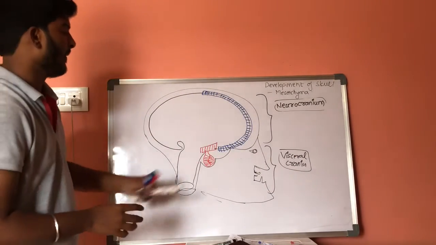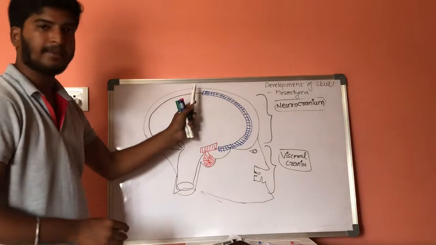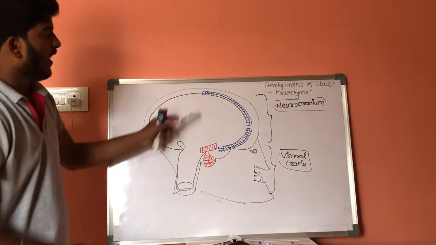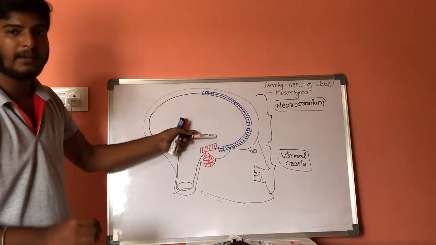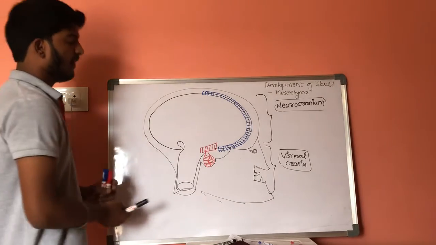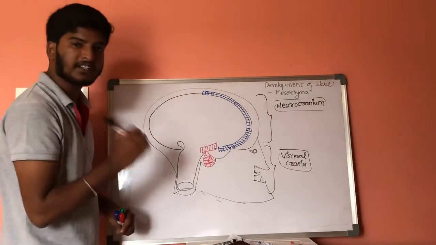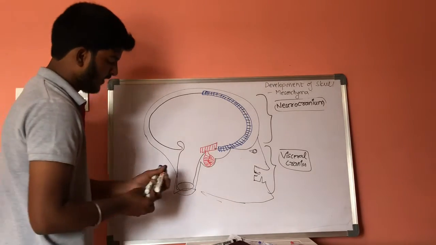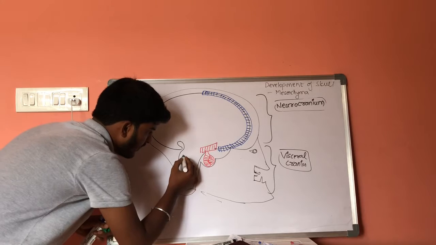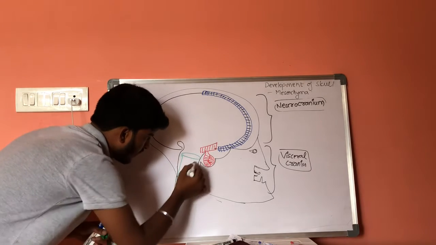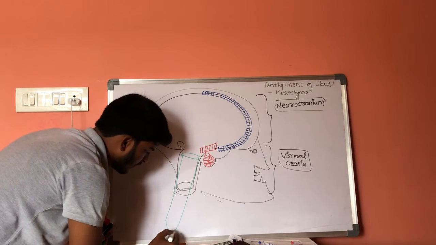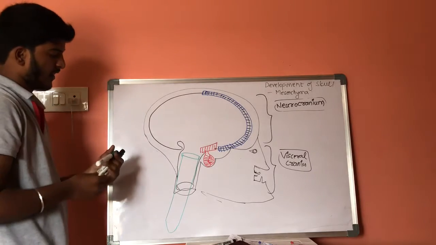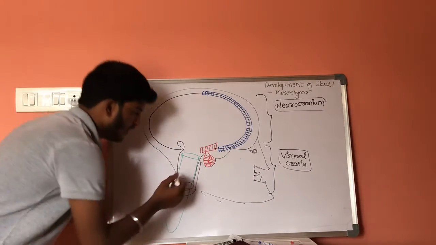So, this is the development of the anterior part of the brain. Here it consists of only mesenchymal cells. Now, it is formed with the help of neural crest cells, which are present on the neural tube. Inside the neural tube it consists of the notochord.